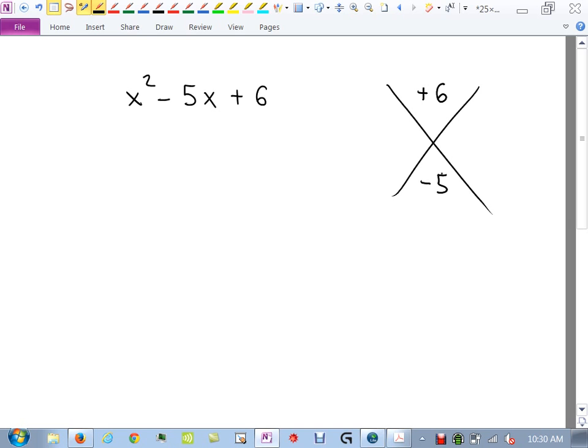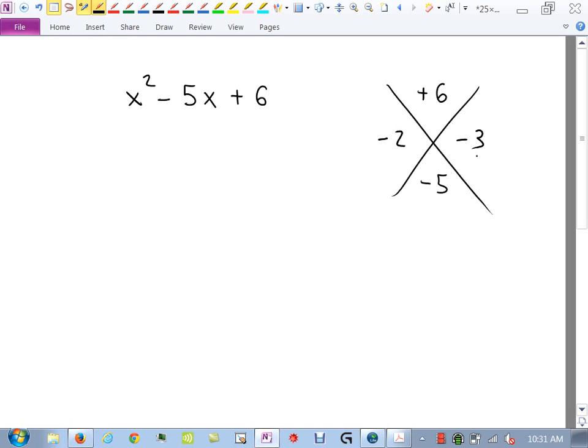A lot of what I see is people will jump the gun here and put 6 and negative 1, because 6 minus 1 is 5. But 6 times negative 1 is negative 6, not positive 6. So those don't work. So what were they? Negative 2 and negative 3 are the numbers that work.